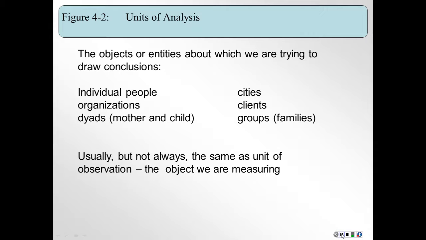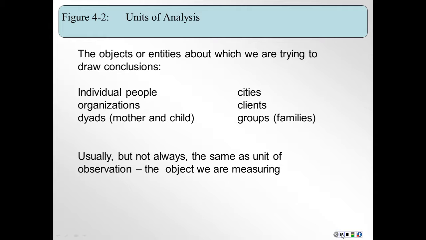We might be trying to draw conclusions about individual people, about organizations, about cities, about clients, or even about groups of things like families or dyads, like a mother and child pairing, what have you. We are measuring the attributes that are of interest of these things in order to draw conclusions about these things.